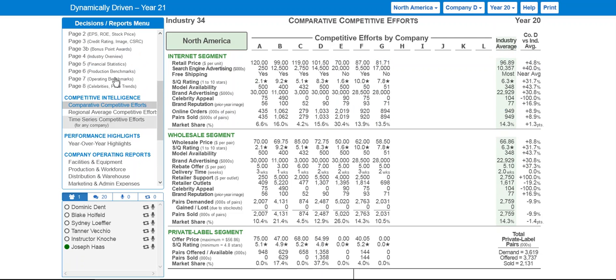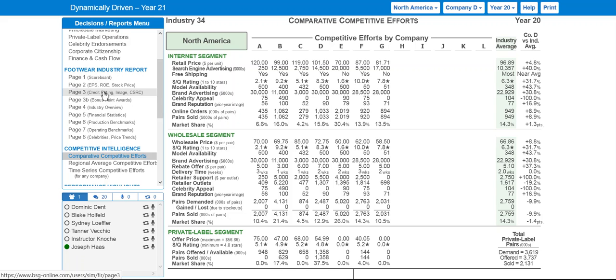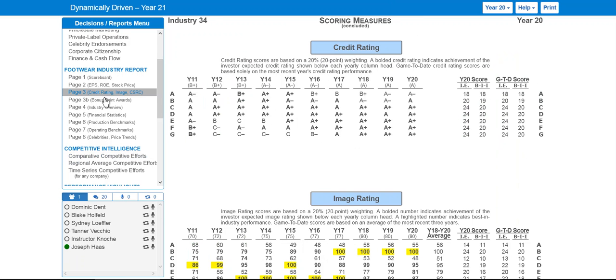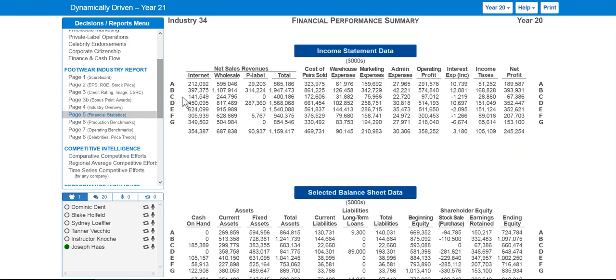In fact, overall, here's your overall snapshot here somewhere. Financial, that was in the financial. You'll see in internet, our revenues were 450 million, and Team B was 397.